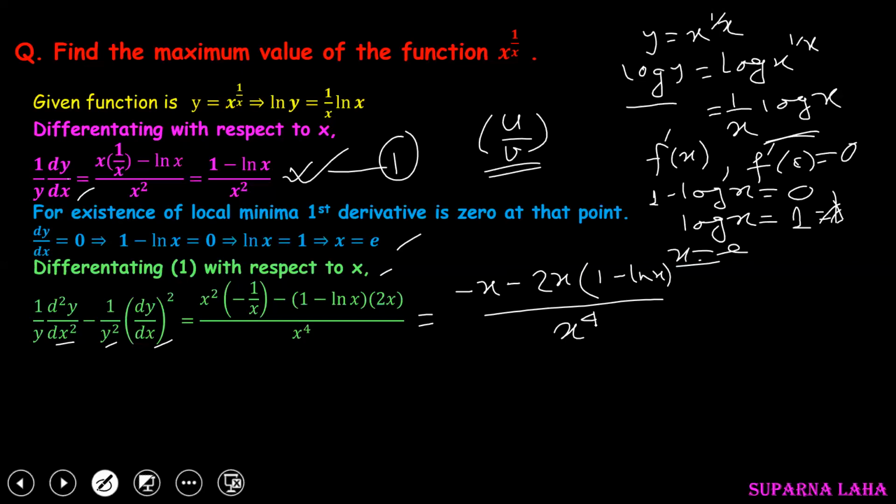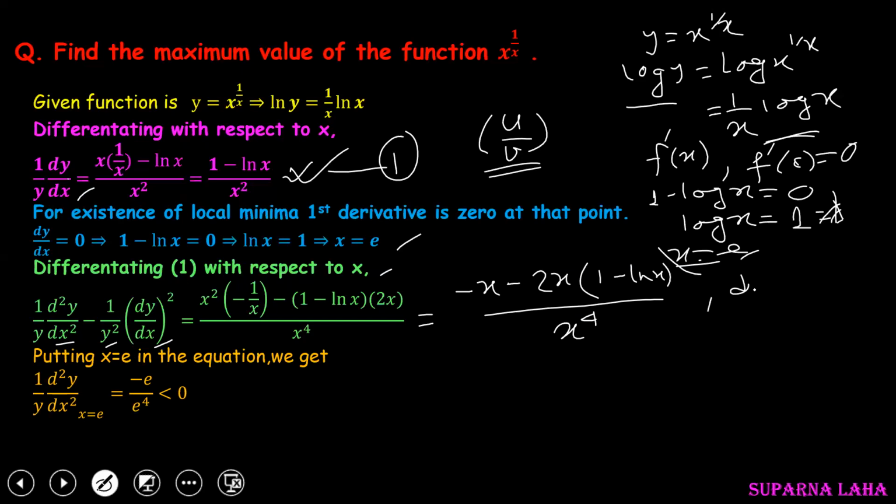Now, you don't need more simplification, just put the value x is equal to e in this equation. So putting x is equal to e in this equation, we will find this value is less than 0. What is dy/dx? dy/dx is 0 because this is a critical point. We already checked f'(x) is 0 at that point. Leave this term as it is and put x is equal to e here.